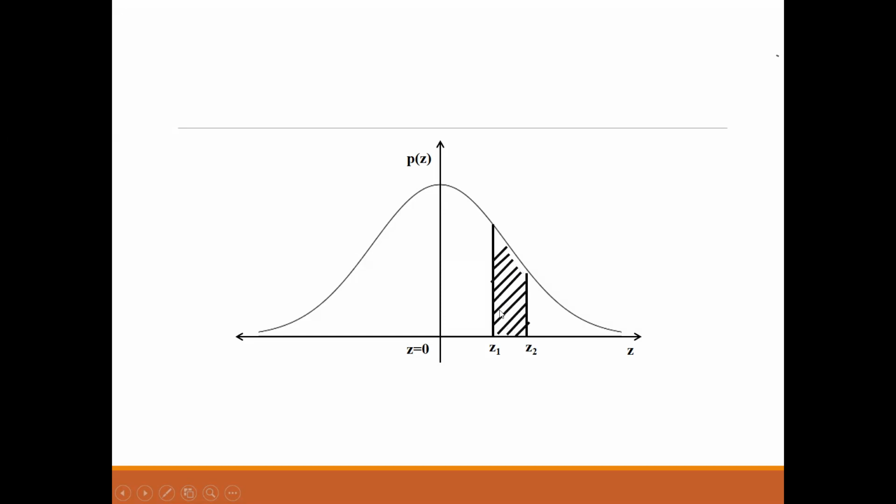So we find the probability for Z2 from the table and subtract the probability from 0 to Z1. That gives me the probability for the shaded area. I hope you have understood this. So, coming back to the problem.